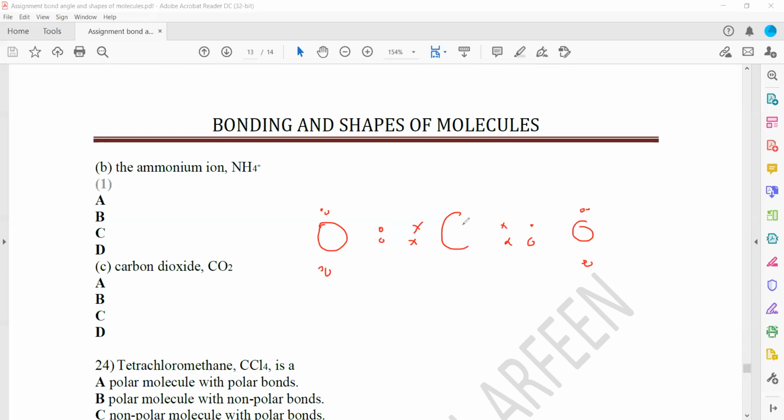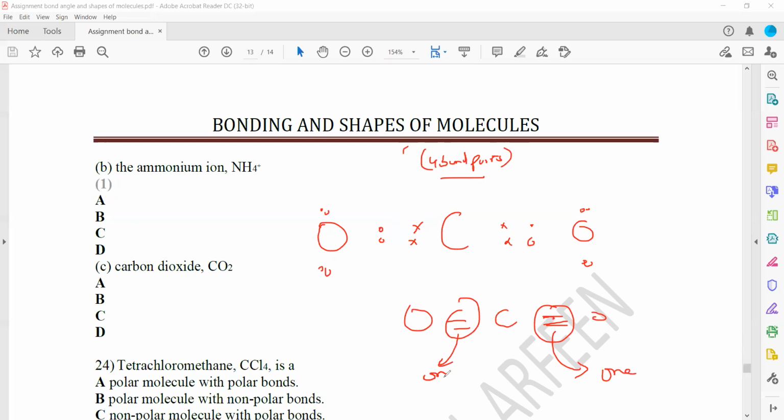When we predict the geometry, a double bond or triple bond is considered as 1, because these bonds are in the same direction.